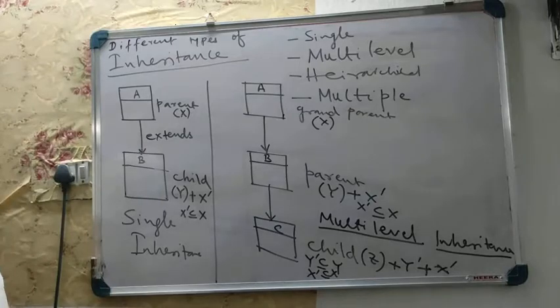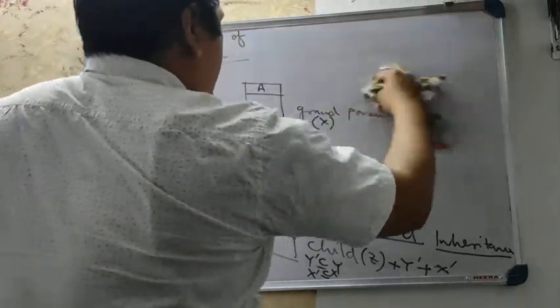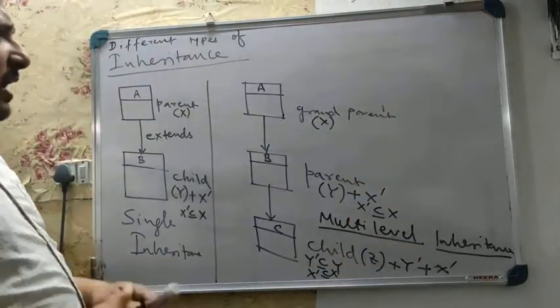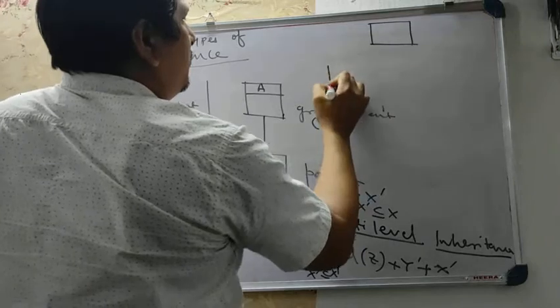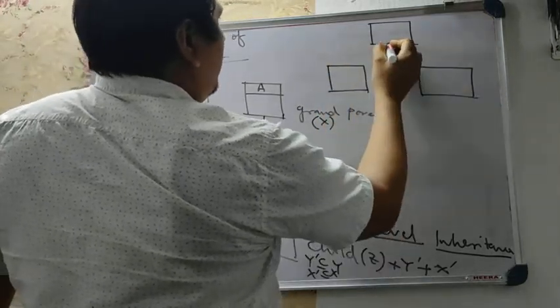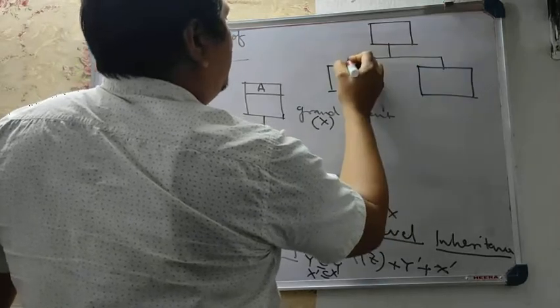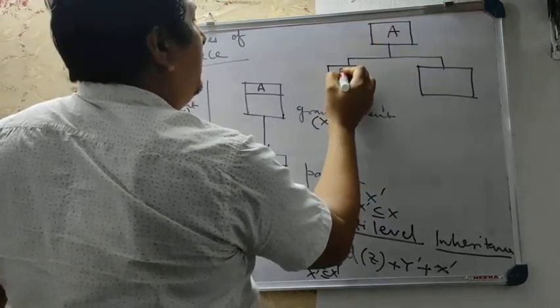Now let us move. Now we have another inheritance which is the most common in nature, where there is one parent and there will be multiple children.